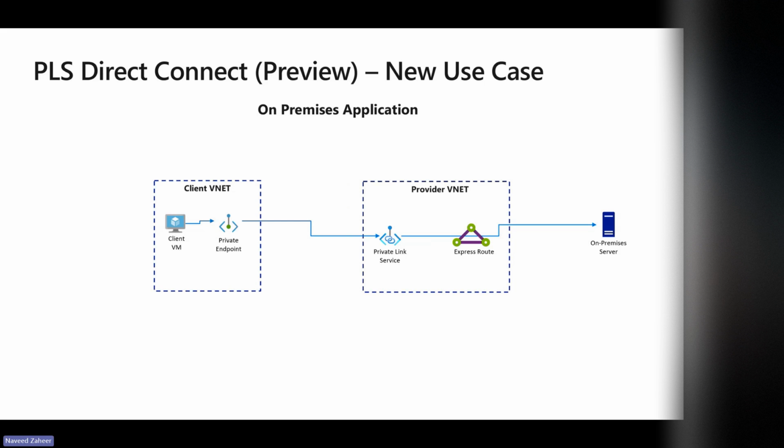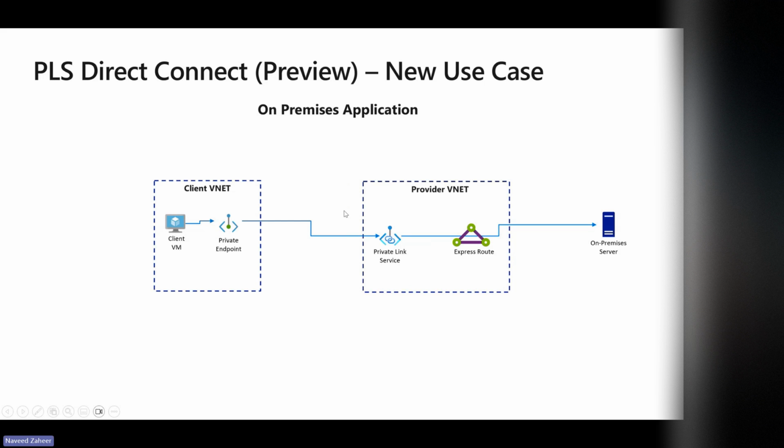When you access the private endpoint in your client VNet, that has no bearing on what IP address is on the provider VNet, because the way private link exposes the service through a private endpoint is like it's running in your own VNet. So that will have no bearing, and we will see that in a demo. Okay, that's great, thank you.